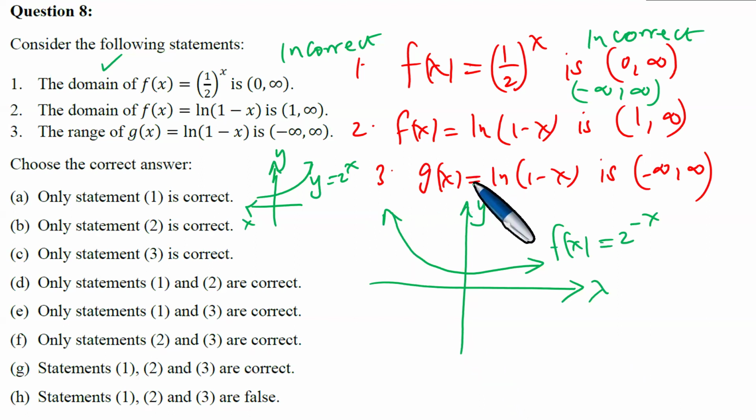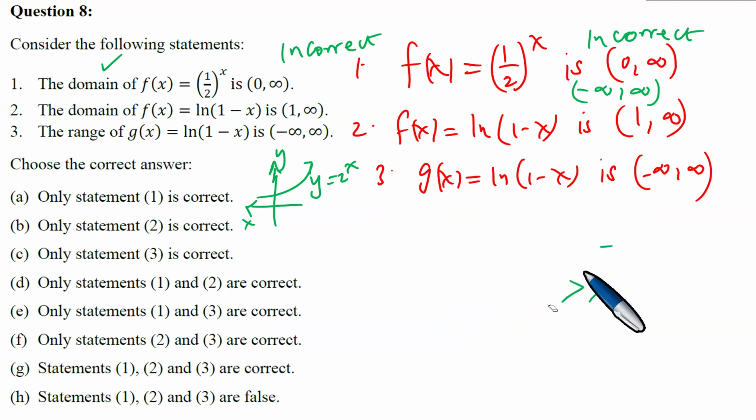But you need to just have an idea of the log graph and how the log graph looks. If you look at this log graph, how will the graph of this function look? So first, you need to imagine the graph of ln of x.